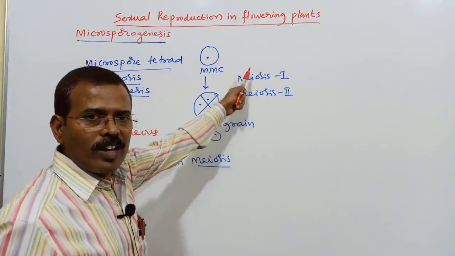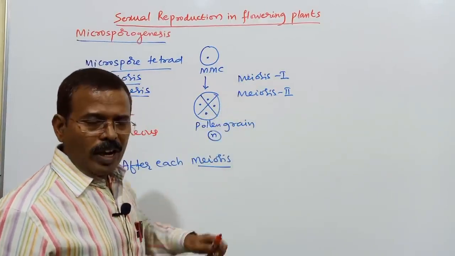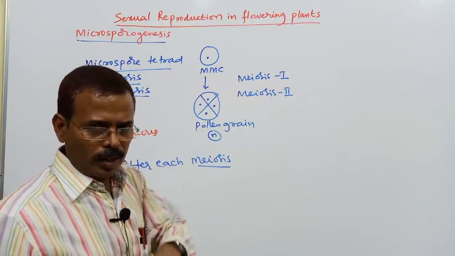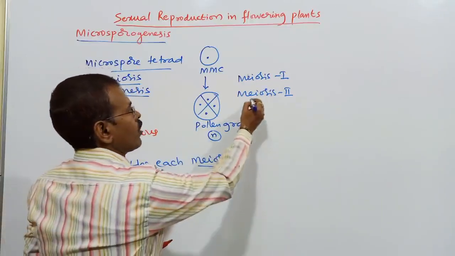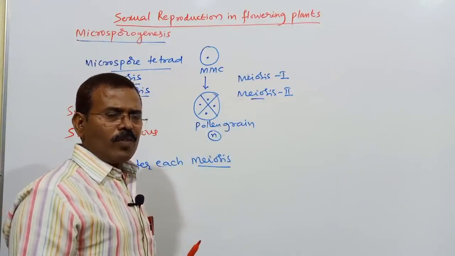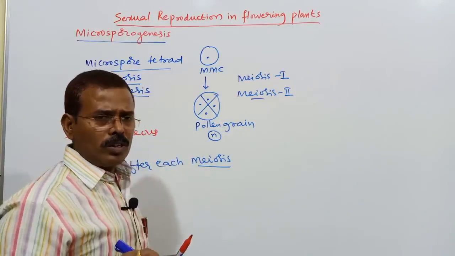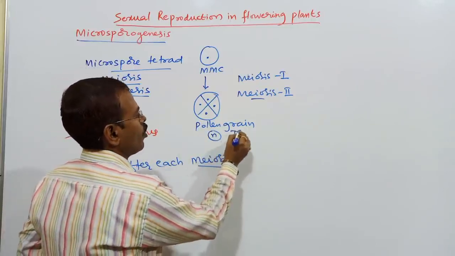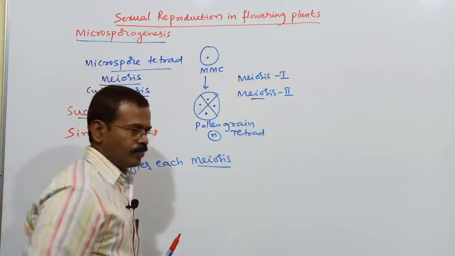Meiosis first is actual reduction division, where the chromosome number from diploid is reduced to haploid. Then meiosis second, that is actually equational division, that results in the formation of four microspores arranged in the form of a tetrad.